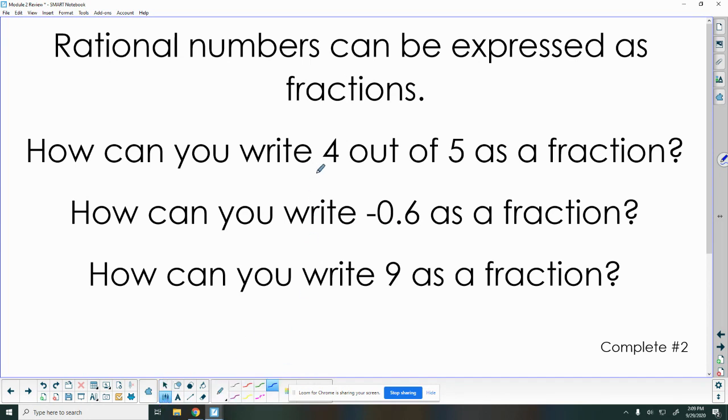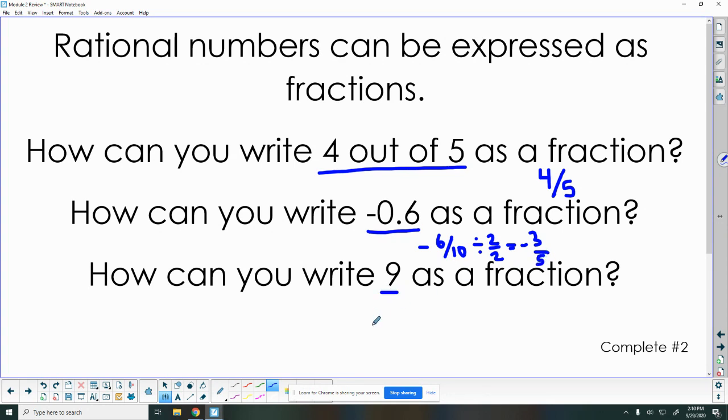See if you can write the fraction 4 out of 5. Let's check that. 4/5 is a fraction. See if you can write -6/10 as a fraction. -6 out of 10. I can also simplify that and divide the numerator and the denominator by 2 to get -3/5.